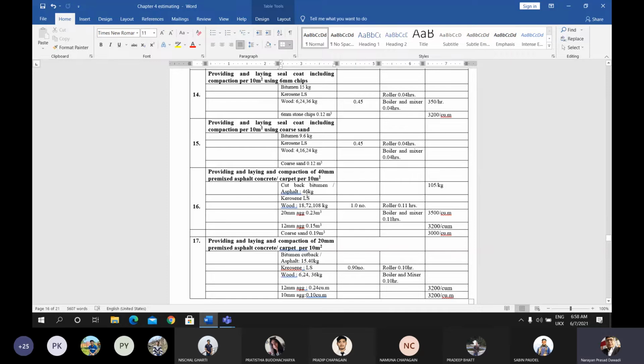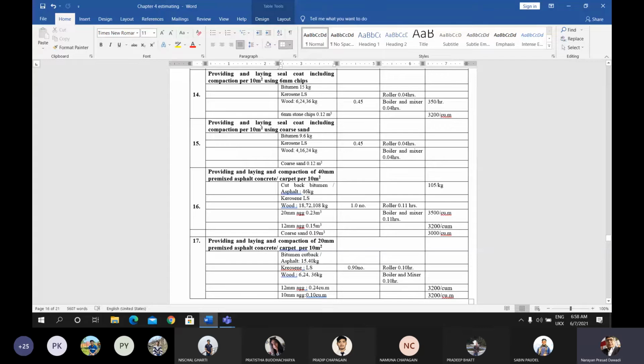Now the bitumen is not ordinary bitumen. It is the standard bitumen called cutback bitumen, or it may be used as asphalt as the binding material. Asphalt is also bitumen that is taken from the lake. Bitumen taken from the lake is called asphalt, which is high quality bitumen. This bitumen is used here for the asphalt concrete.